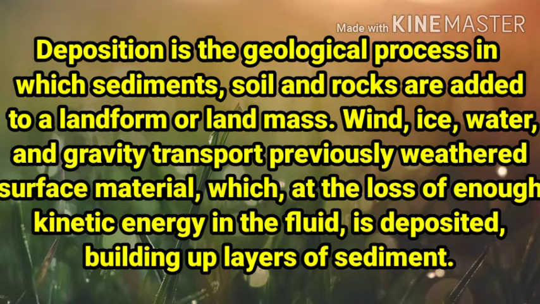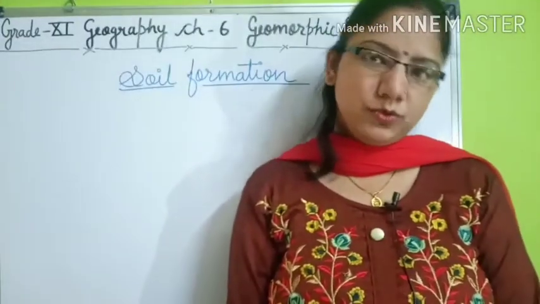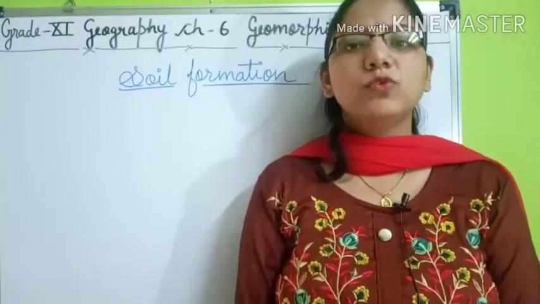So students, deposition is an activity which occurs just after the erosion activity, and it is known as the settling down process or the sedimentation process. So students, I hope you understood what is mass movement.